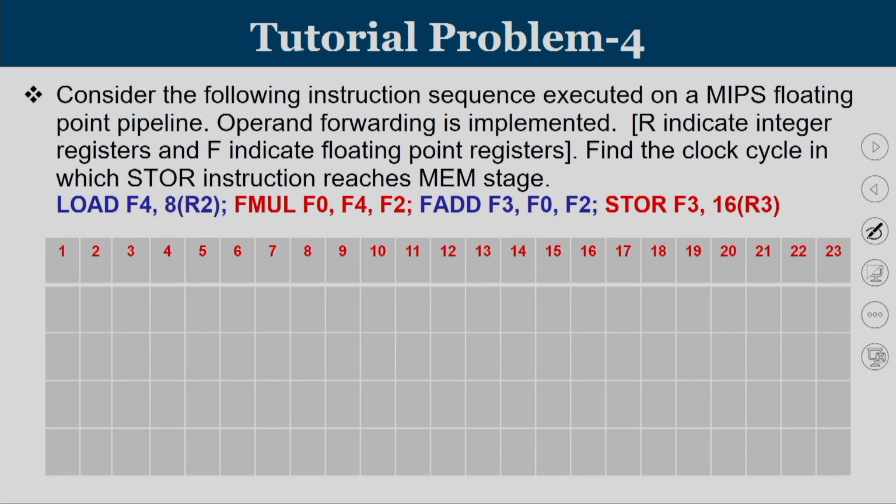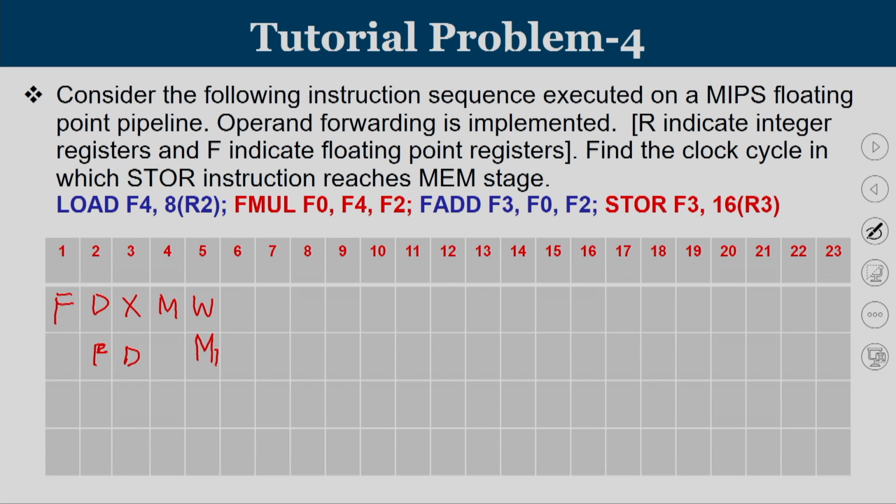For the first instruction, we are going to fill it up. It is a normal integer operation, so it takes only 5 cycles: fetch, decode, execute, mem and write back. Since operand forwarding is permitted, if you look at what stage M1 can start, you are going to load a value, and this M1, which stands for multiplication, has 7 stages.